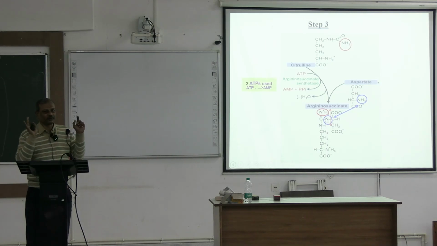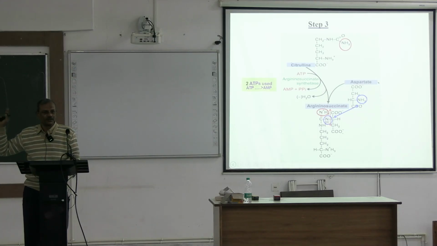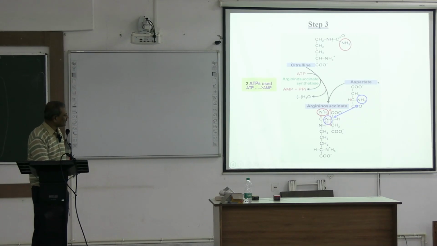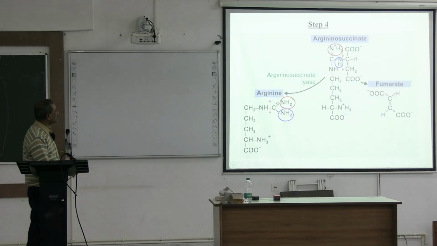Basically we want to produce two nitrogens in the urea, and we are preparing that structure through this reaction. In the first cycle we used 2 ATPs, and in this step also 2 ATPs. So, 4 ATPs have been used.